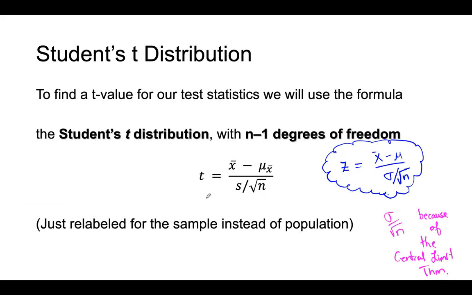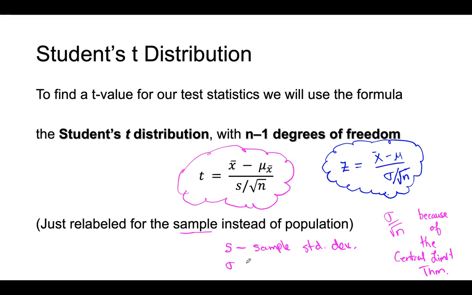Okay. Now, what has changed here is essentially, they're basically the same formula. So almost, except for what is different, do you notice? Well, here we're just relabeling it for the sample instead of the population, because S here is for the sample standard deviation.